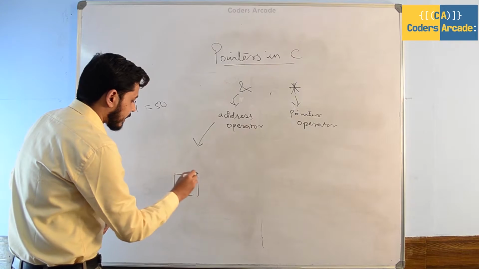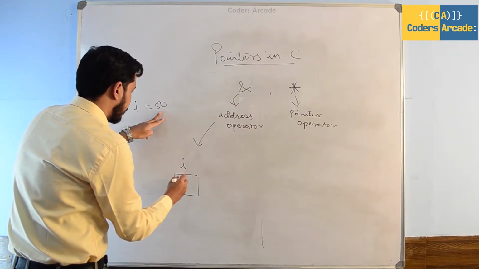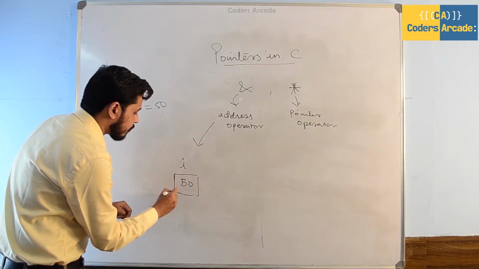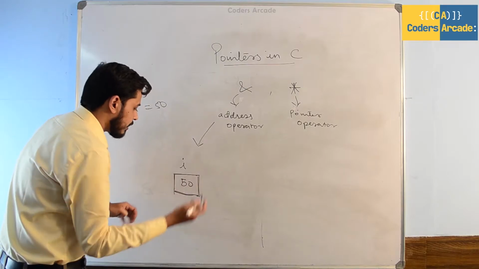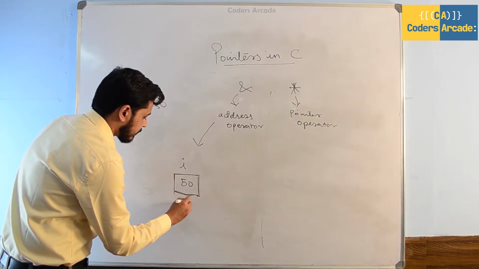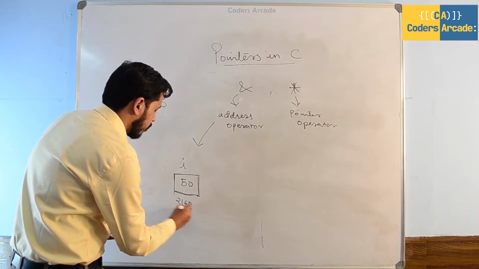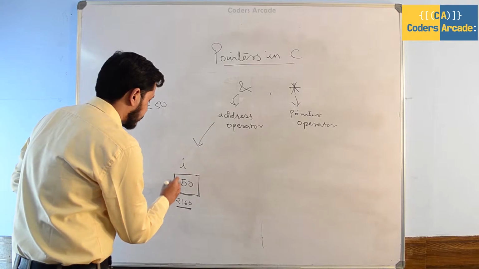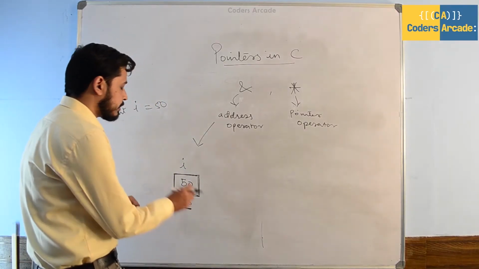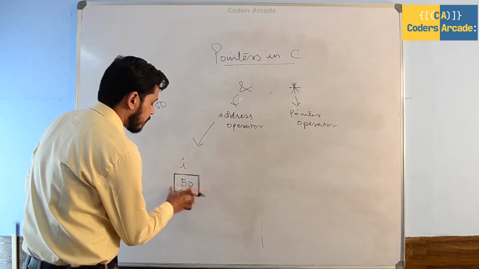The computer will allocate a memory location with the name i and the value 50, and there will be some kind of address for this particular memory location. Let us say 2160. So this 2160 is the address of this particular box, this particular memory location.